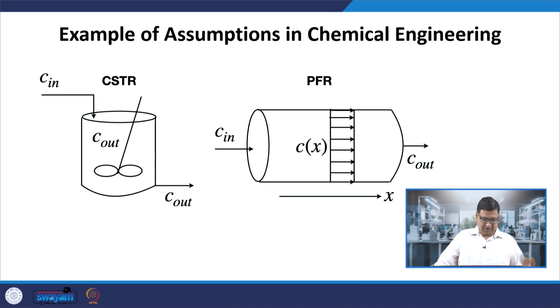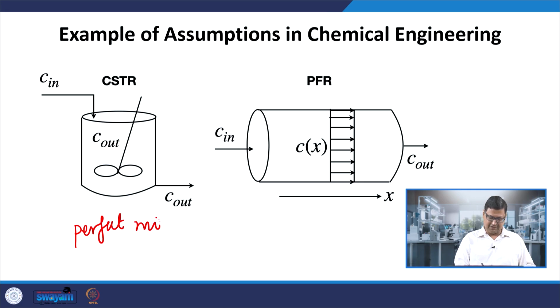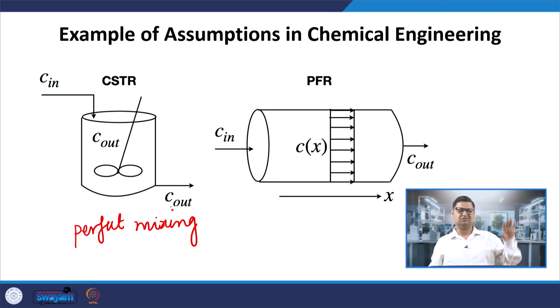Okay. So there are two standard examples in chemical engineering. Let's say in the CSTR, we assume that there is perfect mixing in the vessel. Now, if you think about it, and I told you in the very first lecture that mixing is never perfect. There is poor mixing. If you have a large vessel, you cannot imagine that everywhere inside the vessel the concentration is going to be the same.